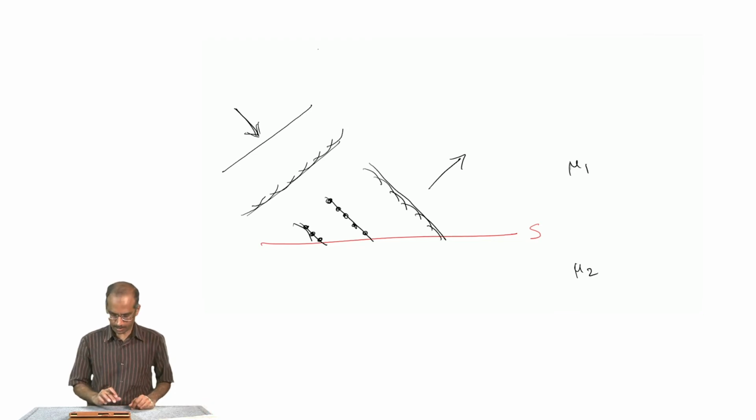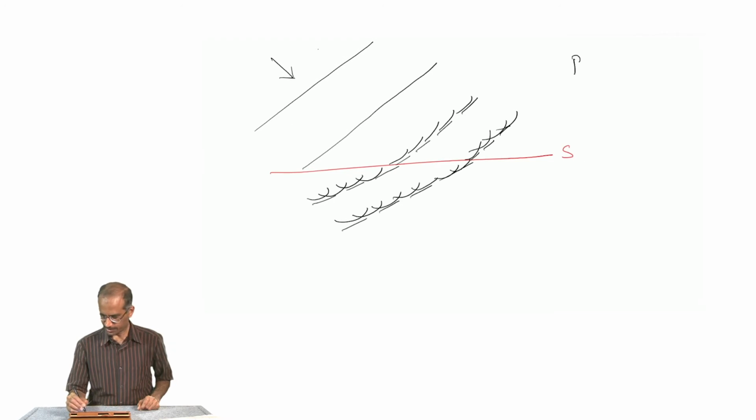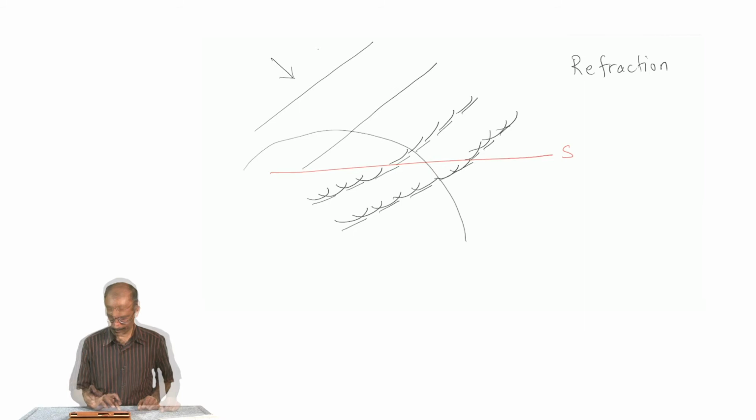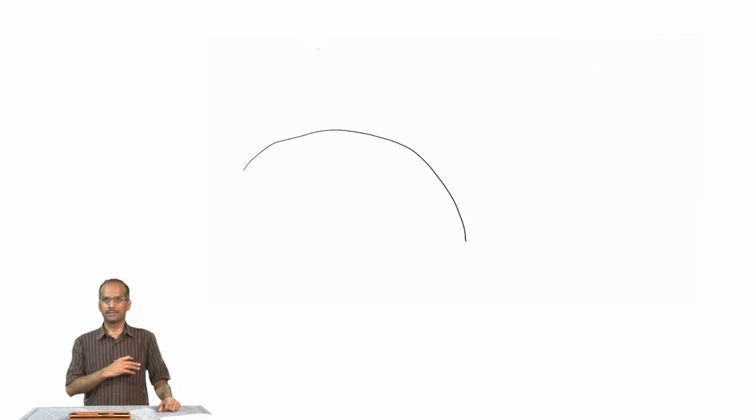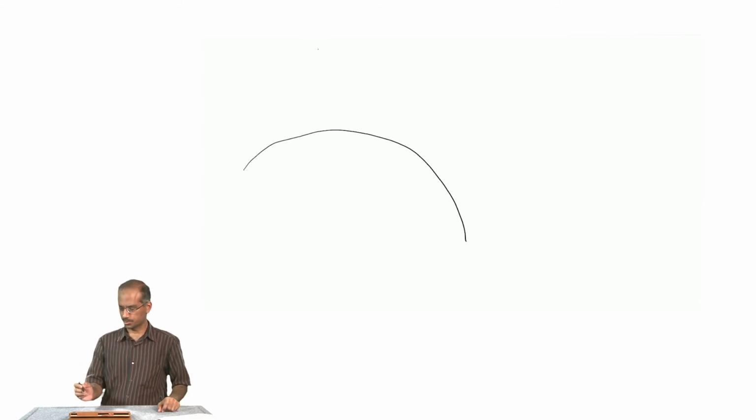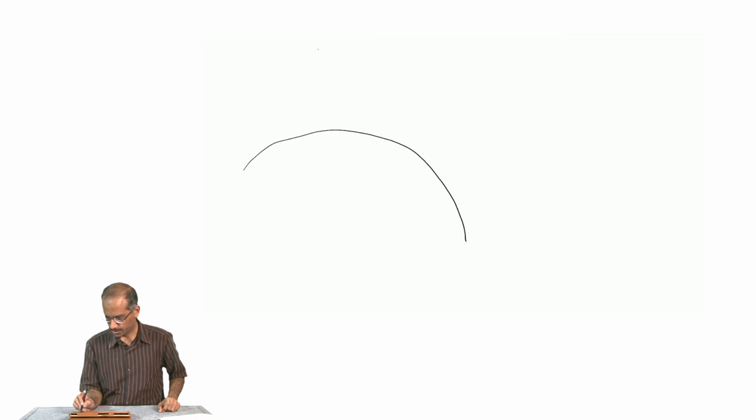And by the same token, one can also explain refraction. So, this is for the case of refraction. In the evenings the light travels a longer distance through the atmosphere, hence if this is the ray coming from the sun, it actually bends when it encounters the atmosphere and reaches our eyes.